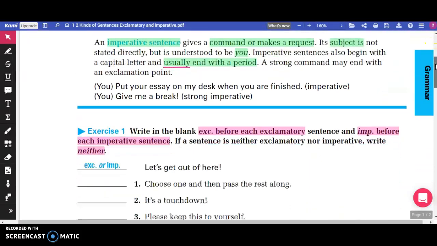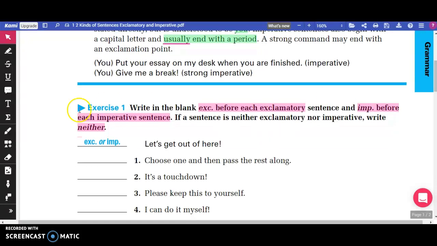So for this assignment, it says write in the blank EXC before each exclamatory sentence and IMP before each imperative sentence. If a sentence is neither exclamatory nor imperative, write neither.